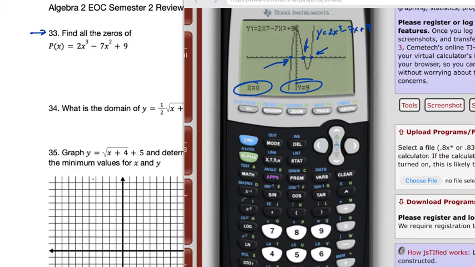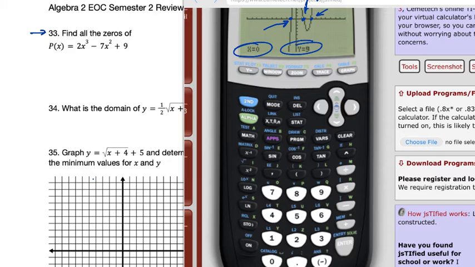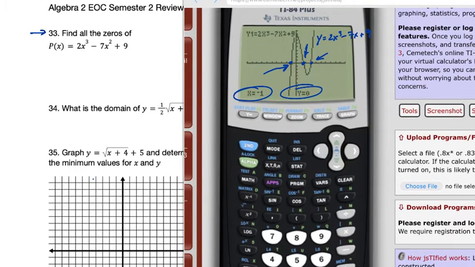Like I think -1 is one of my answers right here. So I'm going to make sure this x is -1. I do that by hitting trace and then I just type in -1 and hit enter. And it'll tell me if I'm correct or not. And you can see how the y value has changed to 0. So yeah, that's one of my solutions.